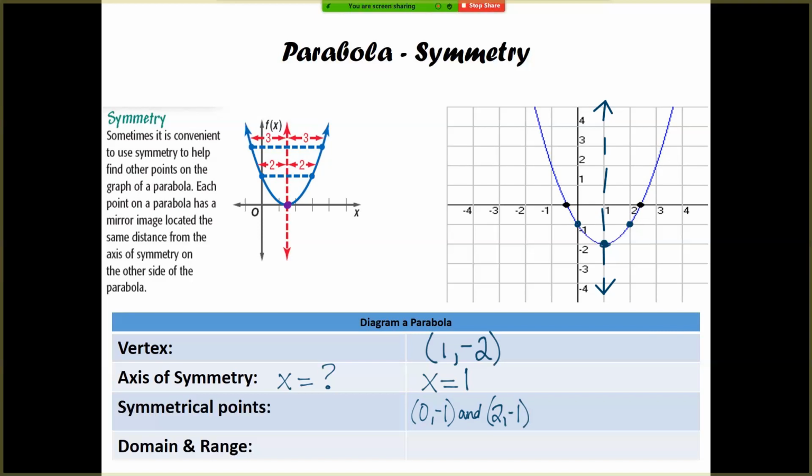There is another set of symmetrical points right here and right here. See if you can list those 2 points for another set of symmetrical points.